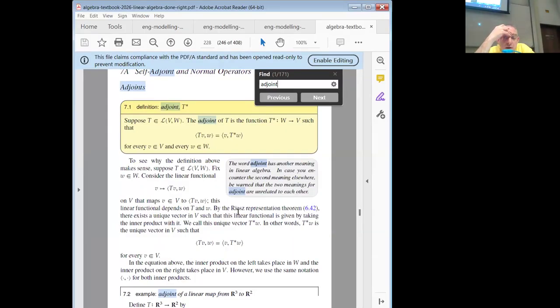There's a unique vector such that that linear functional is given by taking the inner product, and that unique vector is T star w.